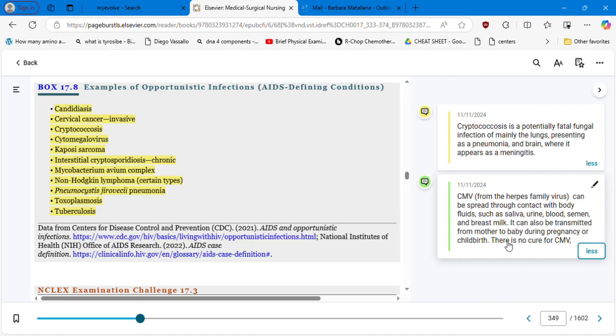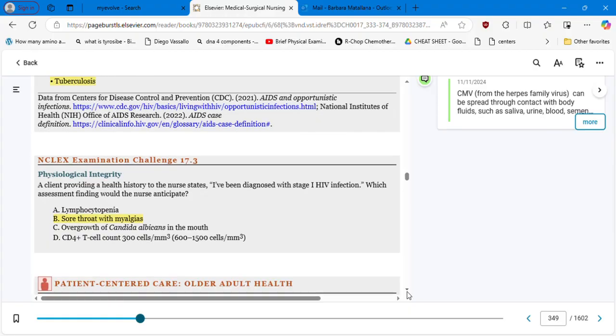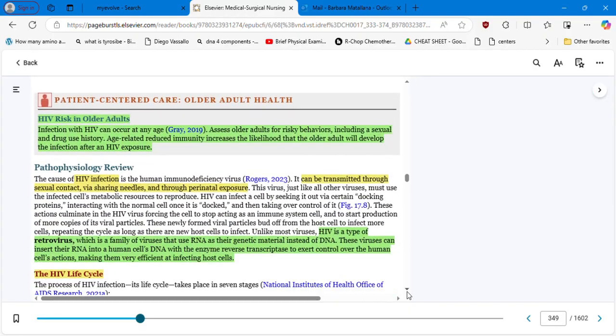It can also be transmitted from mother to baby during pregnancy or childbirth. There is no cure for cytomegalovirus.